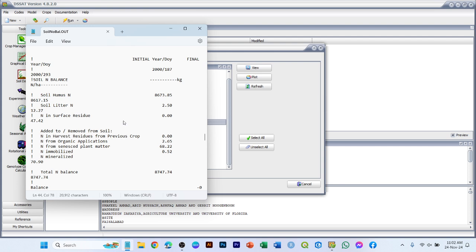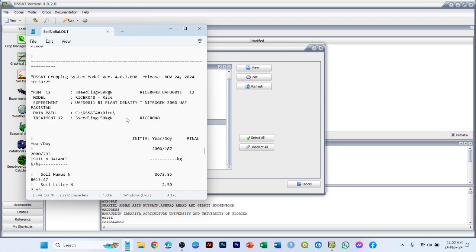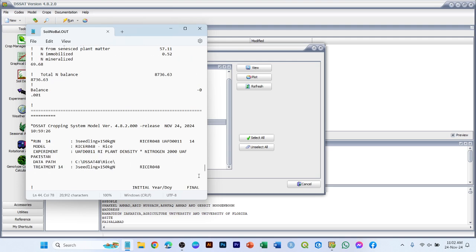Got my point? So these are different types of soil balance, soil carbon balance actually. Understand?